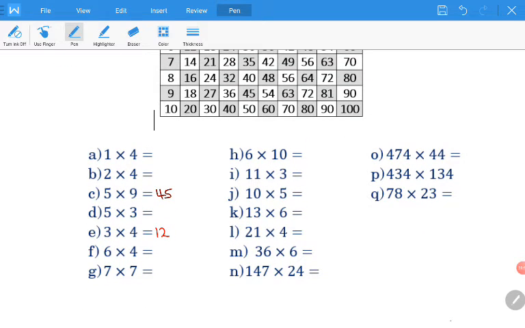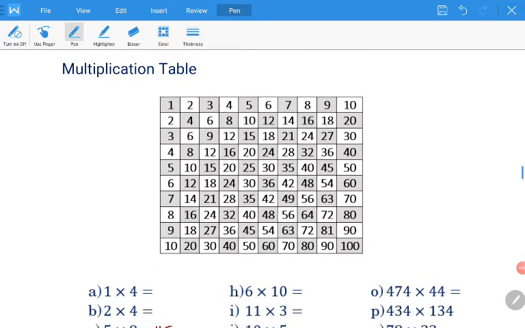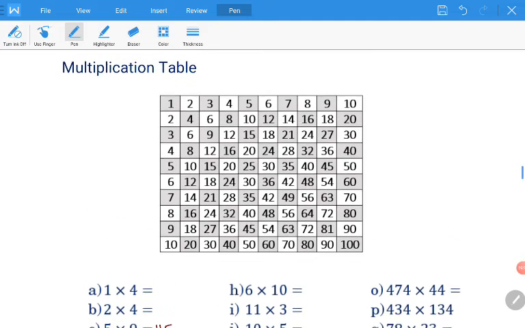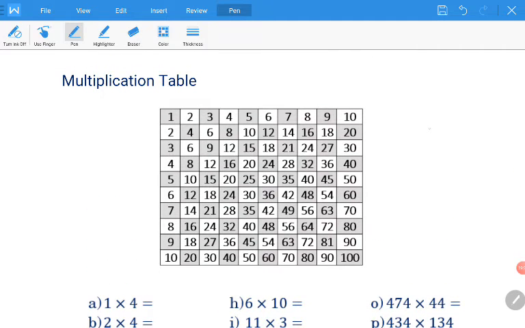So we are going to look at another example, which is K, which is saying 13 times 6. Here we can see that on our multiplication table, we don't have 13. So the best way is to write it as a horizontal expression. So 13 times 6.